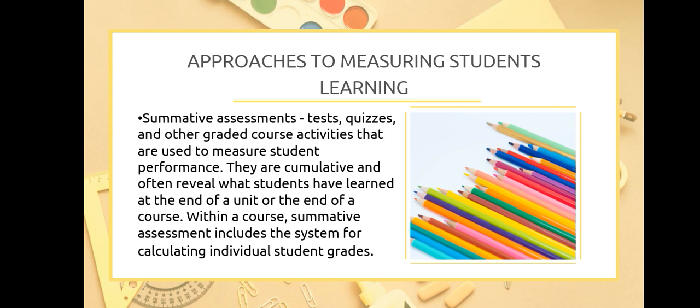They are cumulative and often reveal what students have learned at the end of a unit or end of a course. Within a course, summative assessment includes the system for calculating individual students' grades. It is a test that happens at the end of the unit, like a chapter test, semester exam, or state assessment.